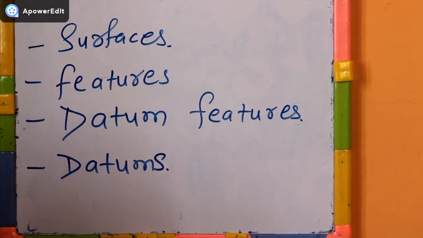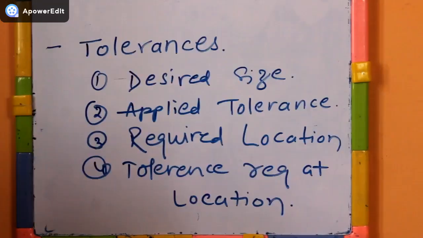Datum features should be chosen on the basis of their function, repeatability, accessibility and their representation of matching features.